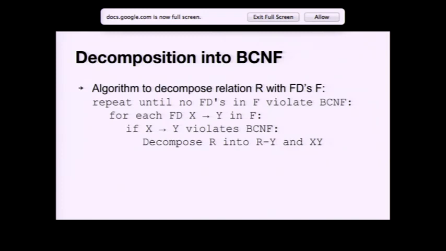For each functional dependency, if that functional dependency violates BCNF, then you split your entire relation R. You take R, subtract the right-hand side, and that's one of my new relations, one of my new tables. The other thing you do is take the left-hand side and the right-hand side of that FD, put those together, and that also becomes a new table. So you keep repeating this process until eventually you have no FDs that violate BCNF.